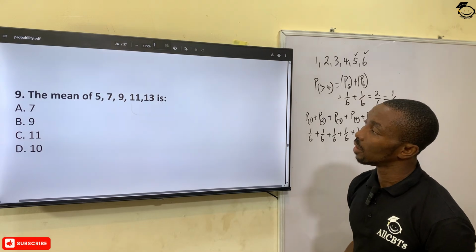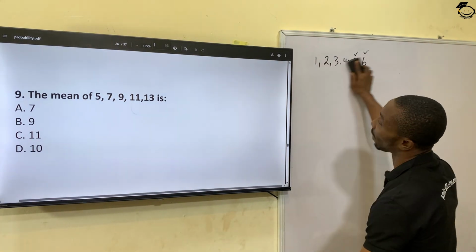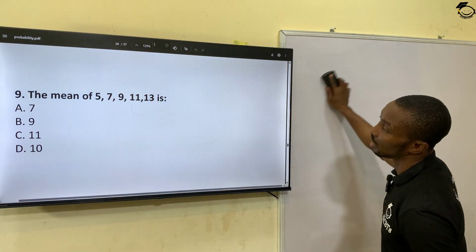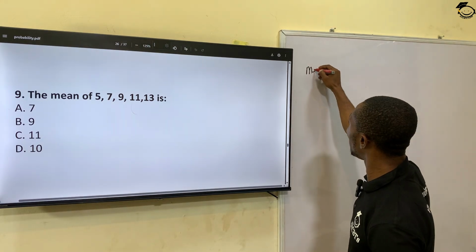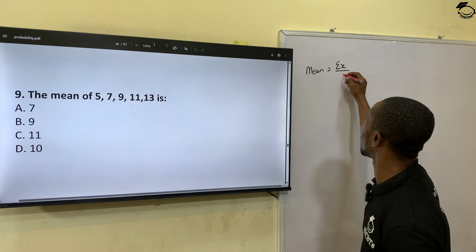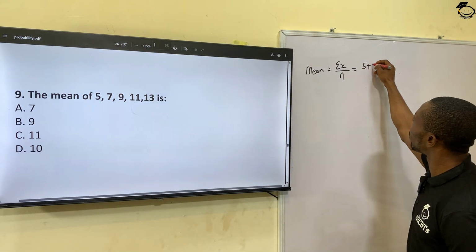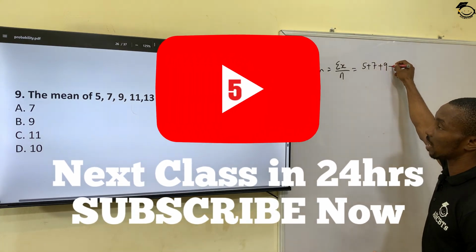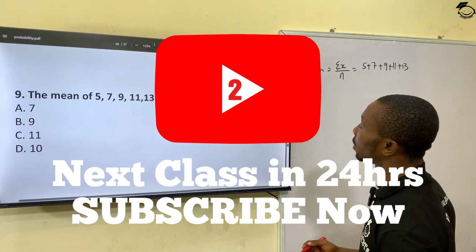Question 9 says, the mean of 5, 7, 9, 11, and 13 is, so when we're looking for mean, remember, is a summation of a set of data divided by the number of data. So this would be 5 plus 7 plus 9 plus 11 plus 13. All right. How many digits do we have there?